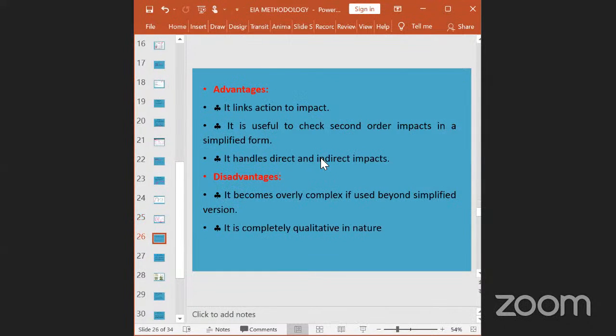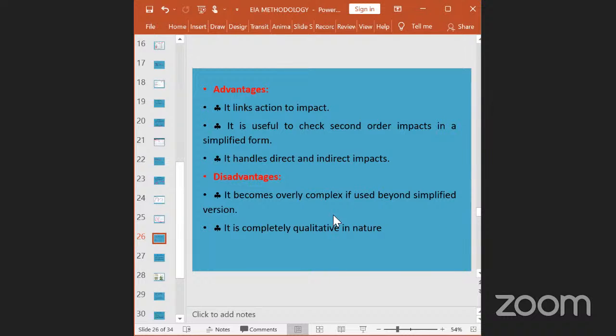So, advantages and disadvantages. It links action to impact, and it is useful to check second order impacts in a simplified form, and it handles direct and indirect impact.